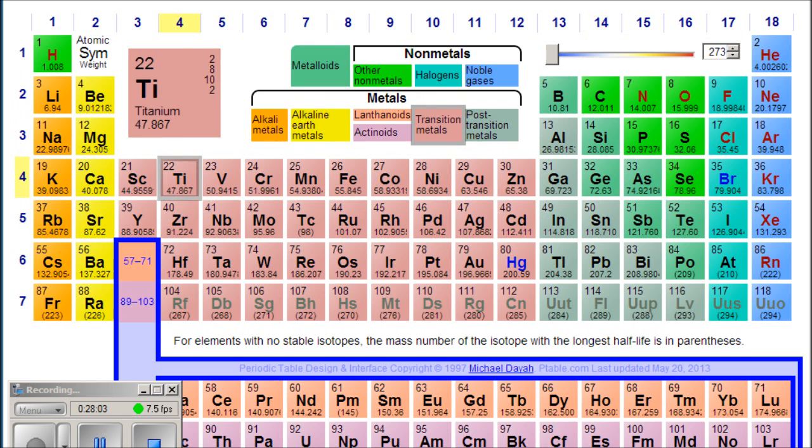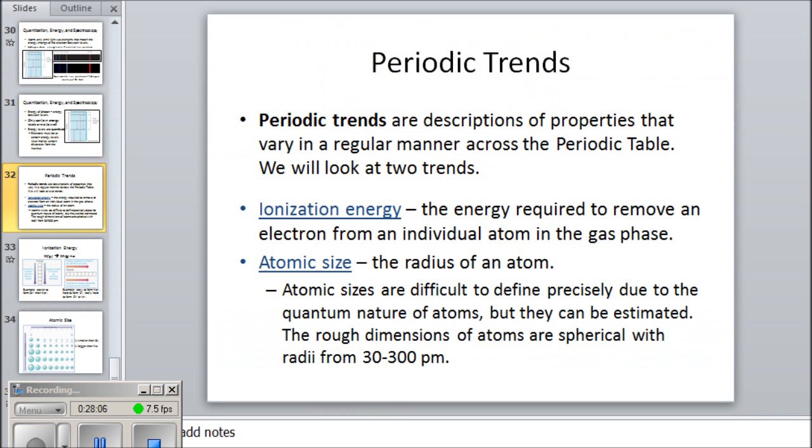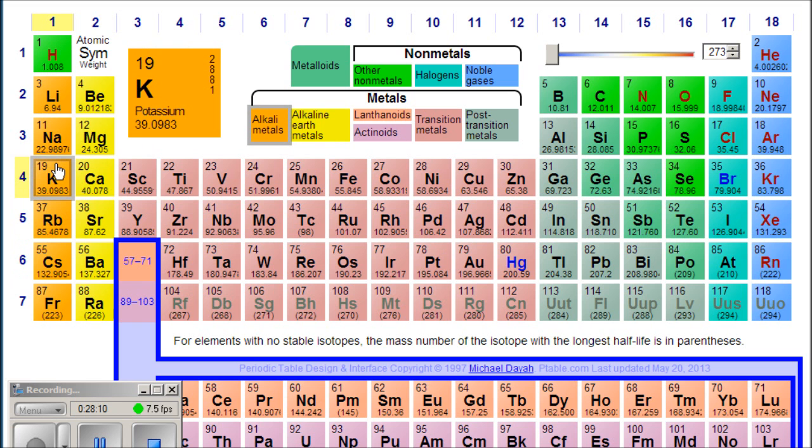All right, let's introduce some more periodic trends. Atomic size, the radius of the atom. More attraction means that the electron will be held more closely to the nucleus. So it is going to be opposite ionization energy, right?